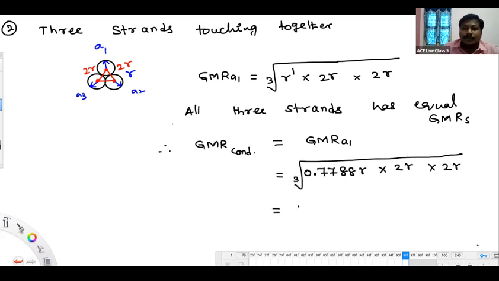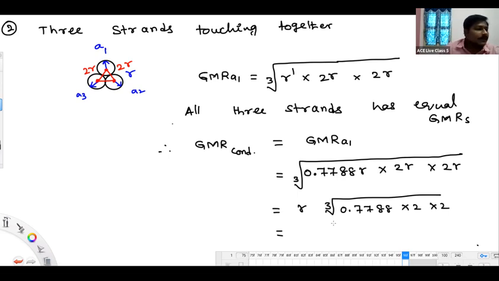You can take r out of the root, and we have the cube root of 0.7788 into 2 into 2. Please get this number, how much? 1.46 times small r. Good.